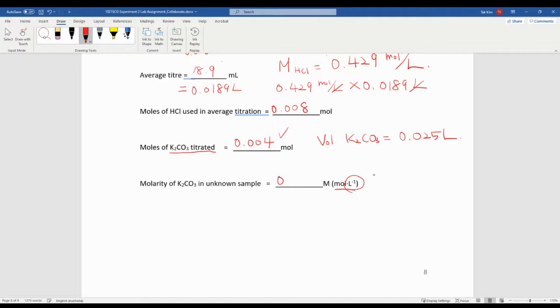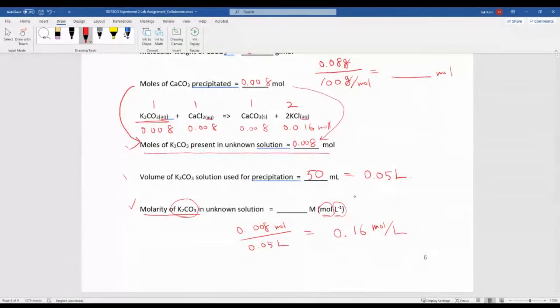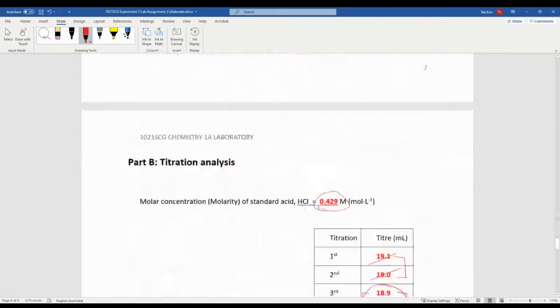So the molarity is, to be precise, based on my calculator. Don't rely on these numbers. Your number should be based on your calculation.